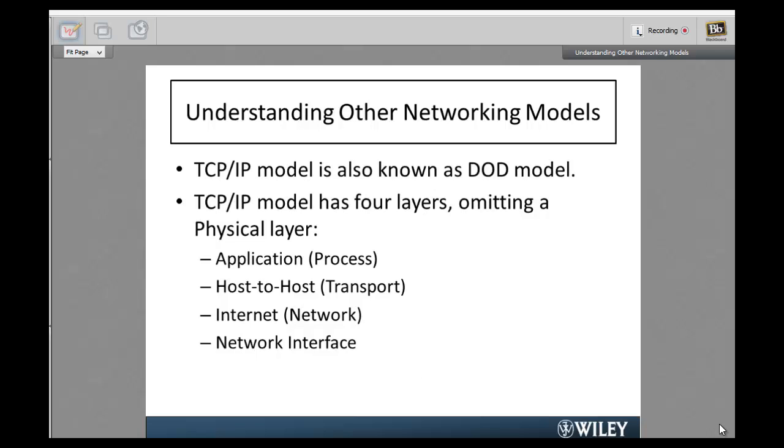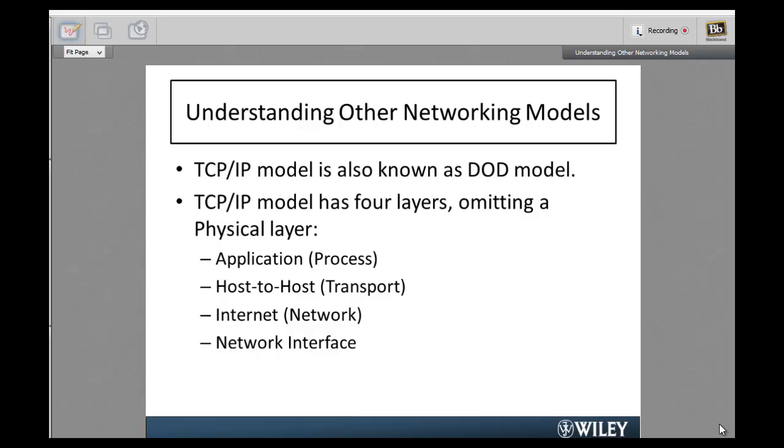So let's now move to other networking models. We talked about OSI, and now I will give you a complete example about how the data would travel through all of the layers. Okay, a real example, to understand the responsibility of each layer.